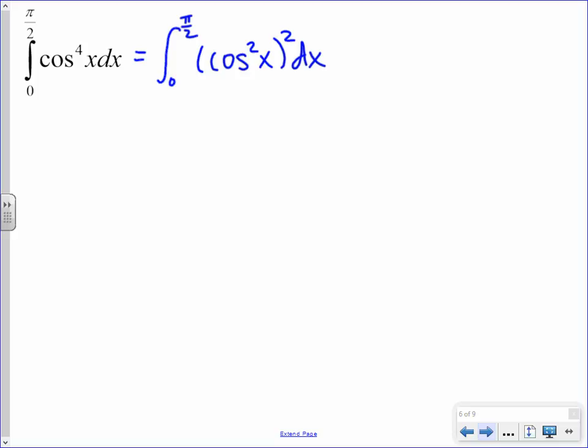One plus cosine 2x over 2. How I'm going to write it is 1/2 plus 1/2 cosine of 2x. If you want to write it as a big fraction, you can, but sometimes this is easier to work with.